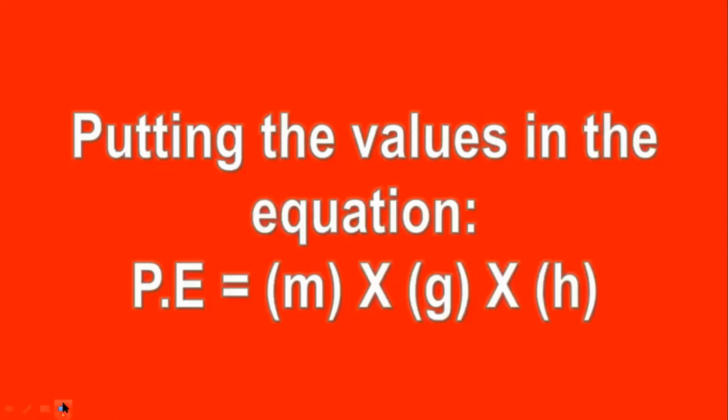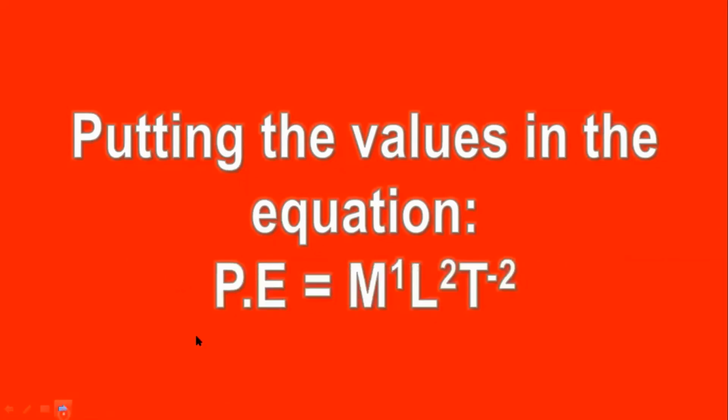When we put the values in the equation PE equals mgh, M is M1, g is L T to the power minus 2, the gravitational acceleration, and one more L is coming from the height, making it L squared T to the power minus 2.